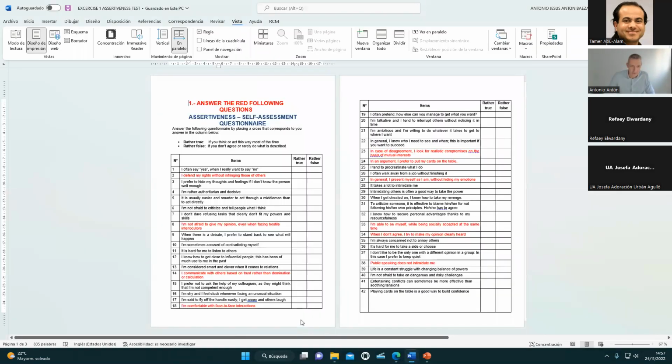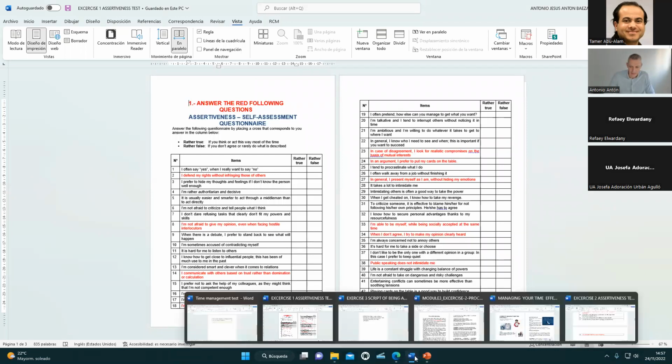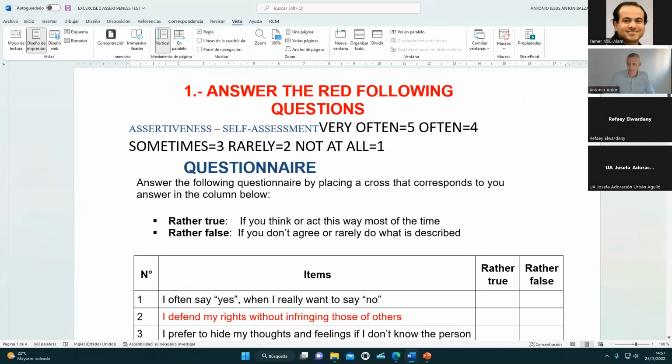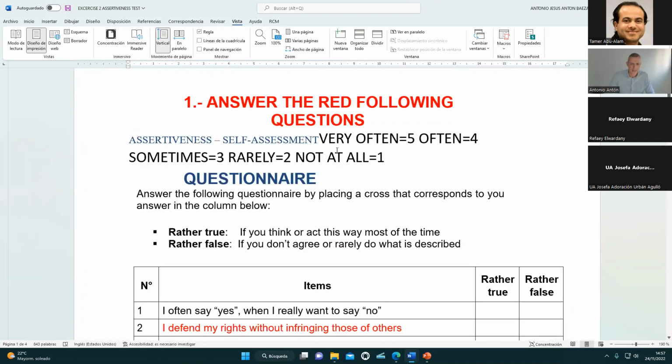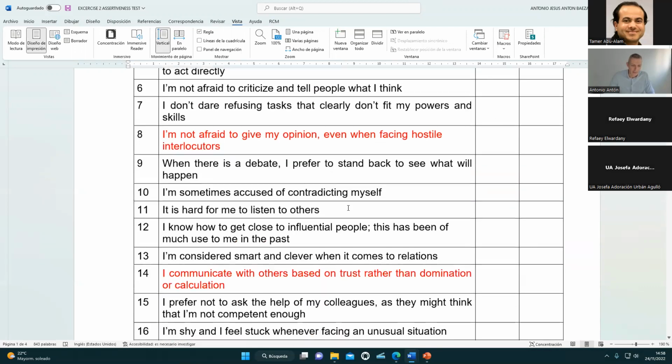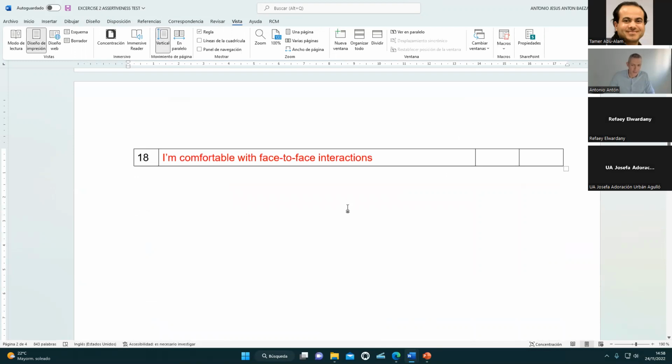In terms of the exercise here, remember that you have grades, marks of 5, very often 4, sometimes 2. Depending on your marks, you need to multiply by 15, and then you have the overall calculation.